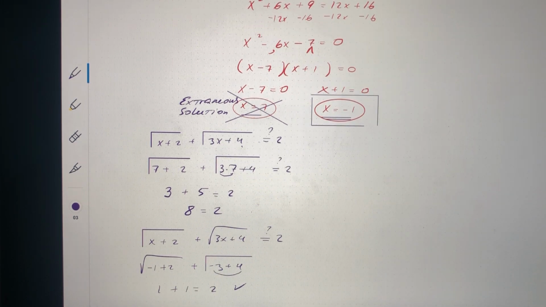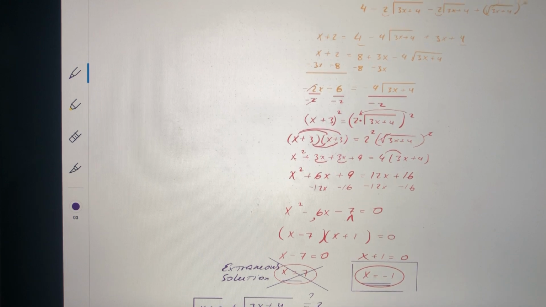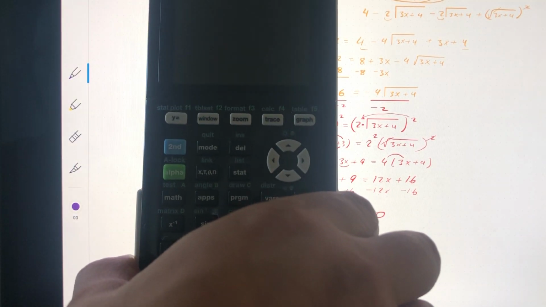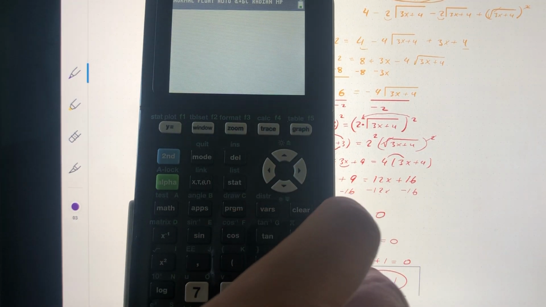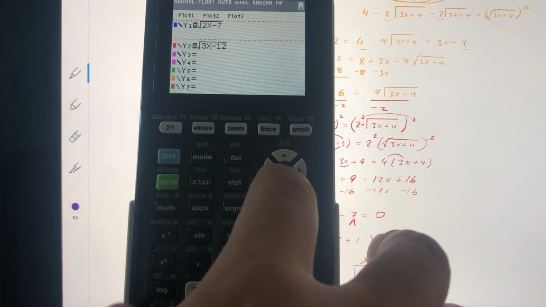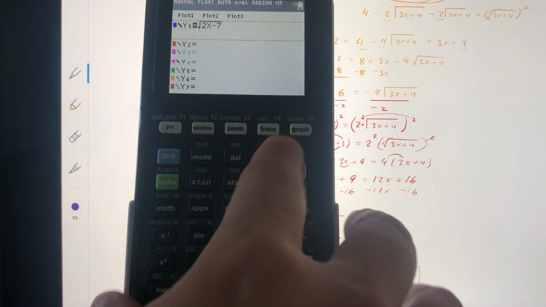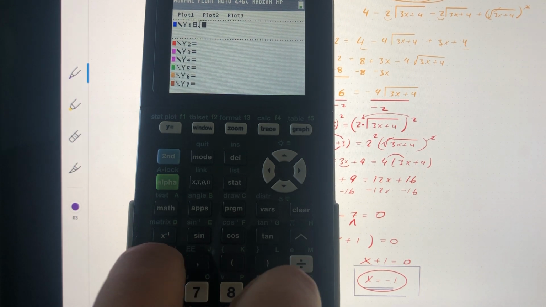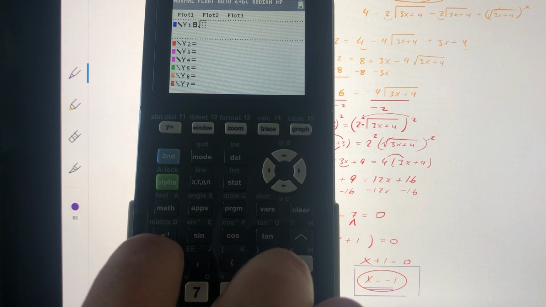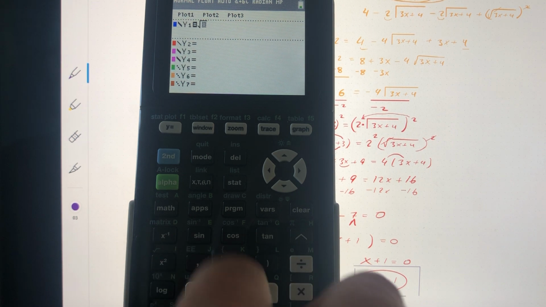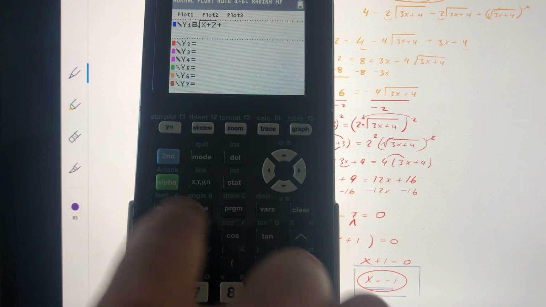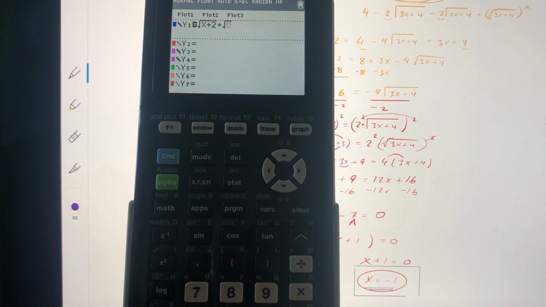Now we can also check this with a calculator just to visually see if it makes sense. So let's do that, and then we'll be done. So here is the calculator. Let's type in the two sides. So the first one is square root of x plus 2, and then there is plus another square root of 3x plus 4.